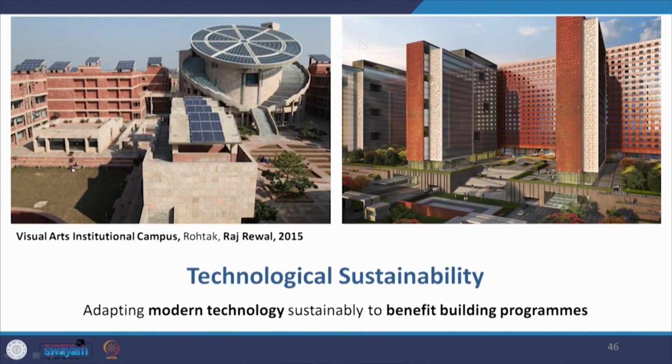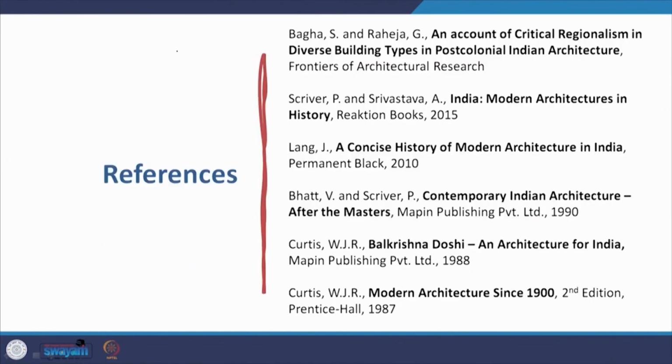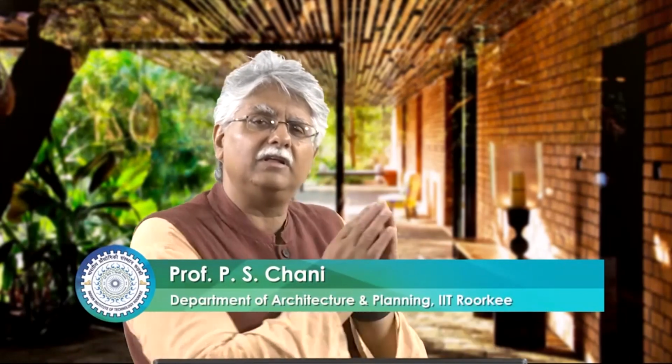Then there is technological sustainability, for example, in the Visual Arts Institutional Campus in Rohtak in 2015 by Raj Rewal, which is adapting modern technology sustainably to benefit the building program. So, we will be looking at these identities again. We will take them one by one and start by looking at how they help in generating the architecture that they did. Thank you.